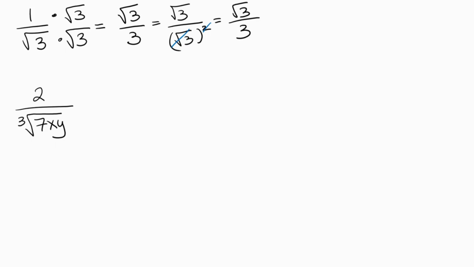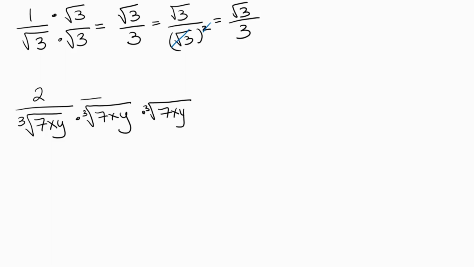I have a cube root this time, which means the thing I want to do is to get a cube. So what I'm going to do is 7xy, and I'm going to write this out really explicitly, so I'm going to do another 7xy, and these are all cube roots because I'm sticking with the same system, right?